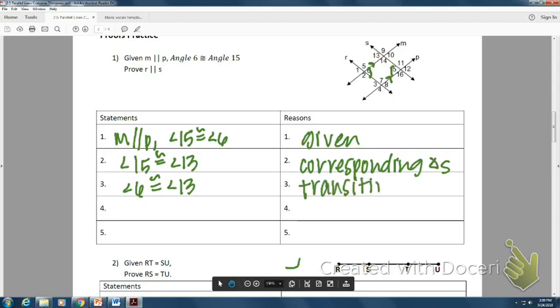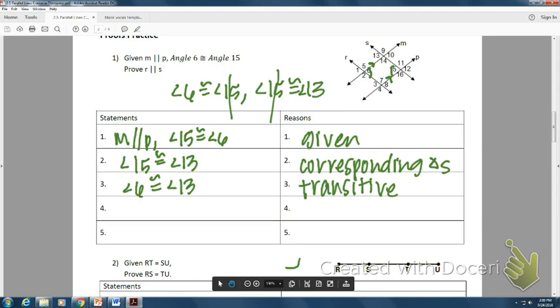Keep in mind that this is just one way to do this proof. I can show you another way if you want in a second. So transitive. Basically, had I written it like this, because this is what I have so far, notice how these can just drop off that middleman term. So transitive, now we have angle 6 is congruent to angle 13.